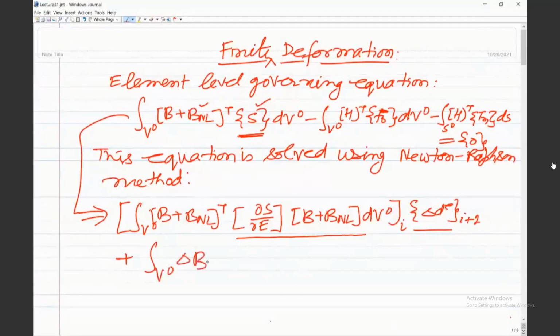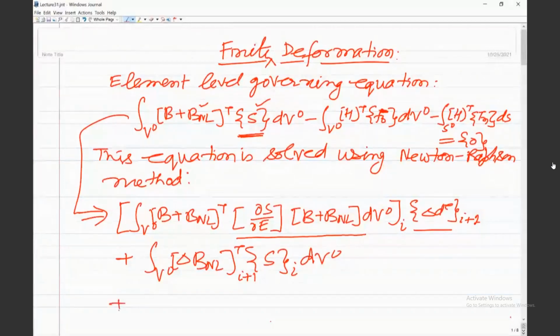So we will get delta BNL, the incremental form of this. Delta BNL is evaluated at the current iteration, but S is taken at the previous iteration, S I dV naught. The whole thing is evaluated at the previous iteration, and then we have the externally applied loads.